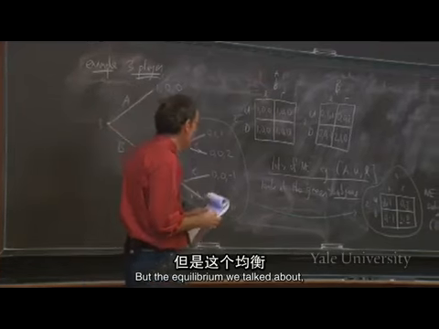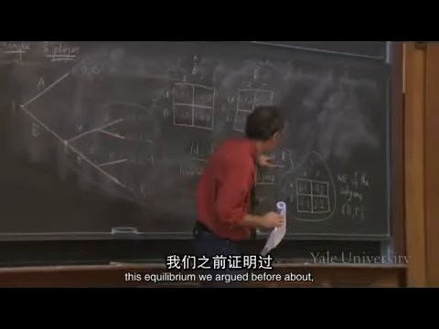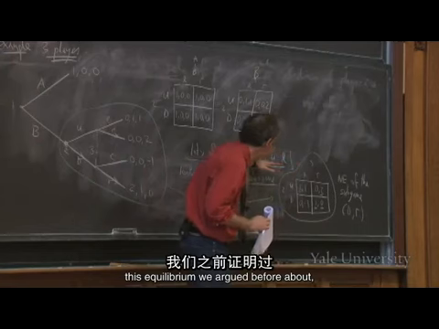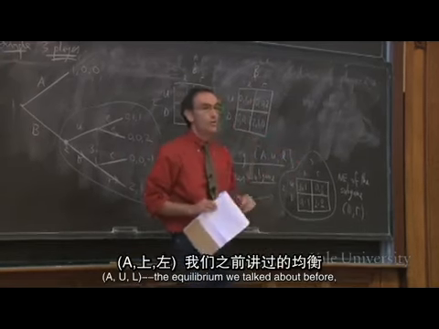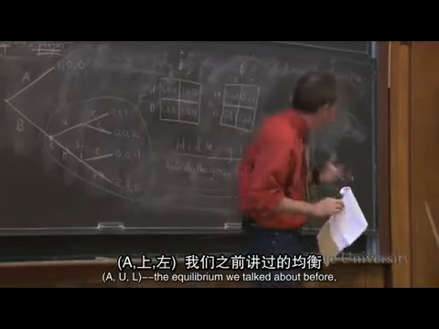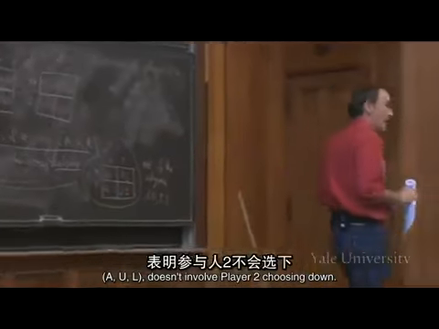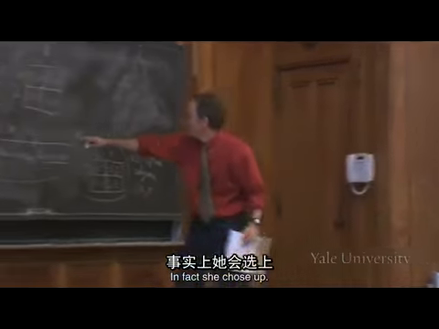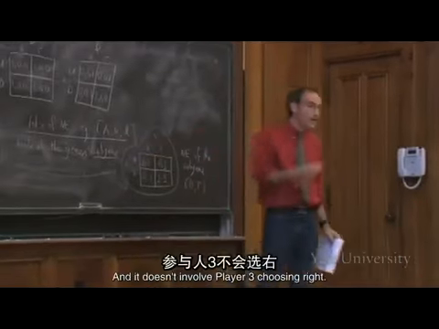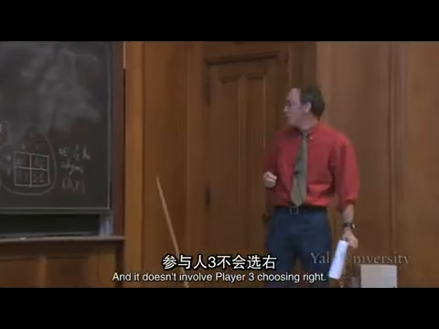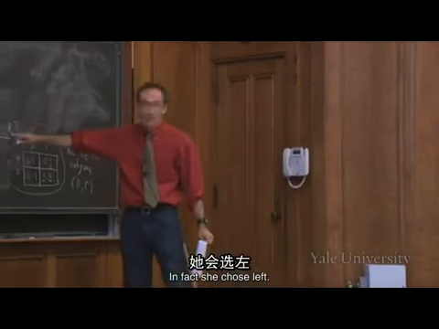But the equilibrium we talked about before, AUL, doesn't involve player 2 choosing down. In fact, she chose up. And it doesn't involve player 3 choosing right. In fact, she chose left.